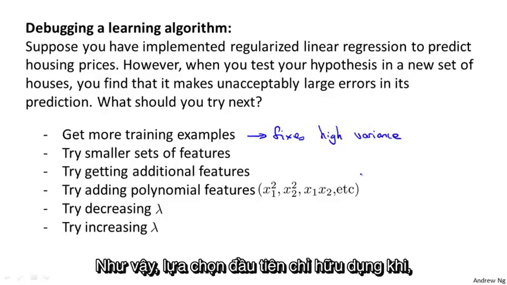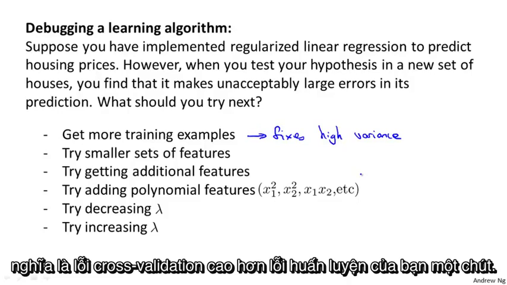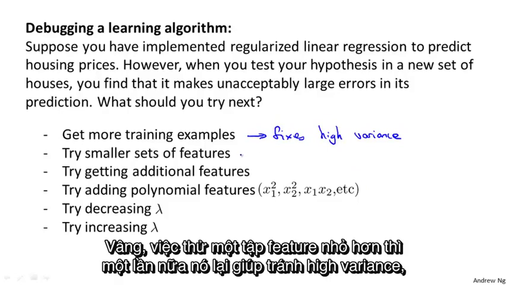So the first option is useful only if you, say, plot the learning curves and figure out that you have at least a bit of a variance problem, meaning that the cross-validation error is quite a bit bigger than your training set error. How about trying a smaller set of features? Well, that's again something that fixes high variance.